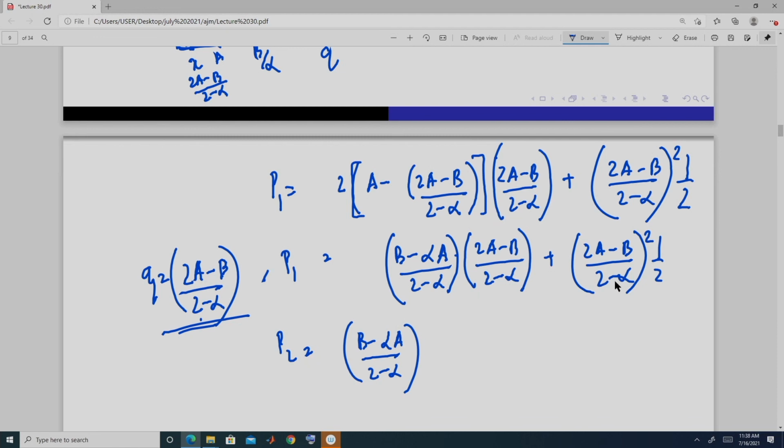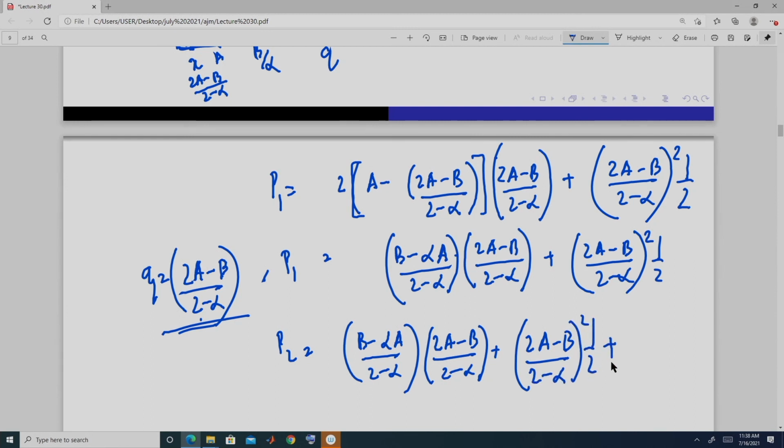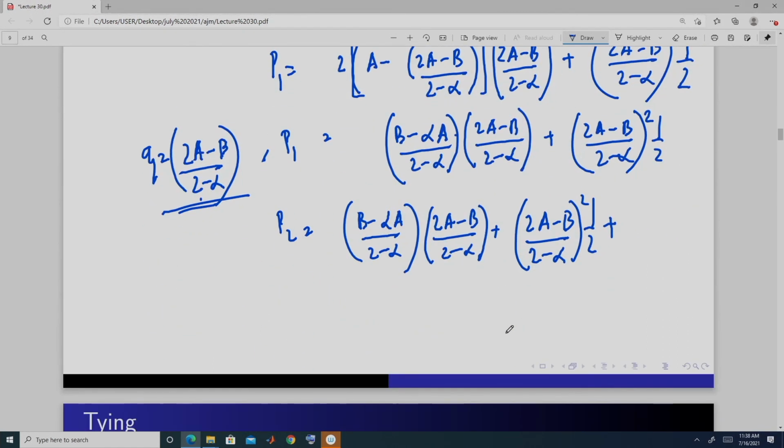P2 is this whole thing plus one more additional term, and that is this.